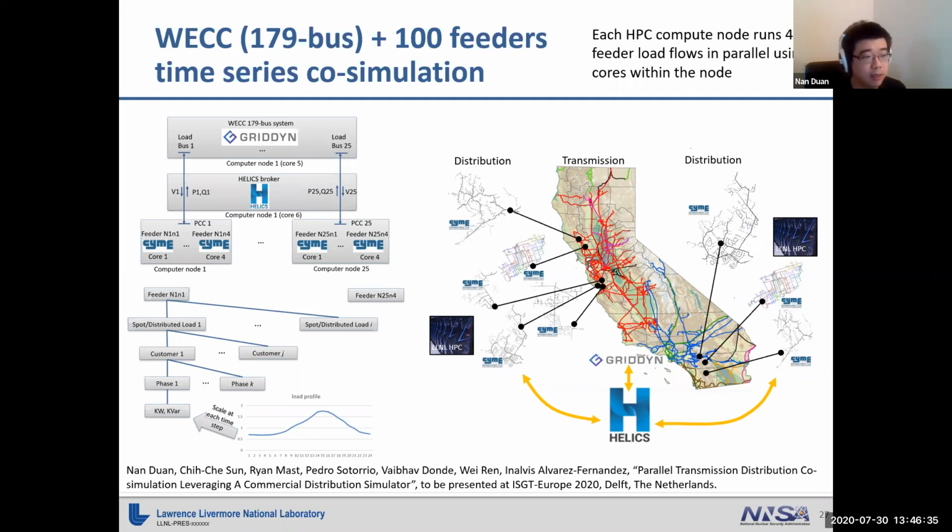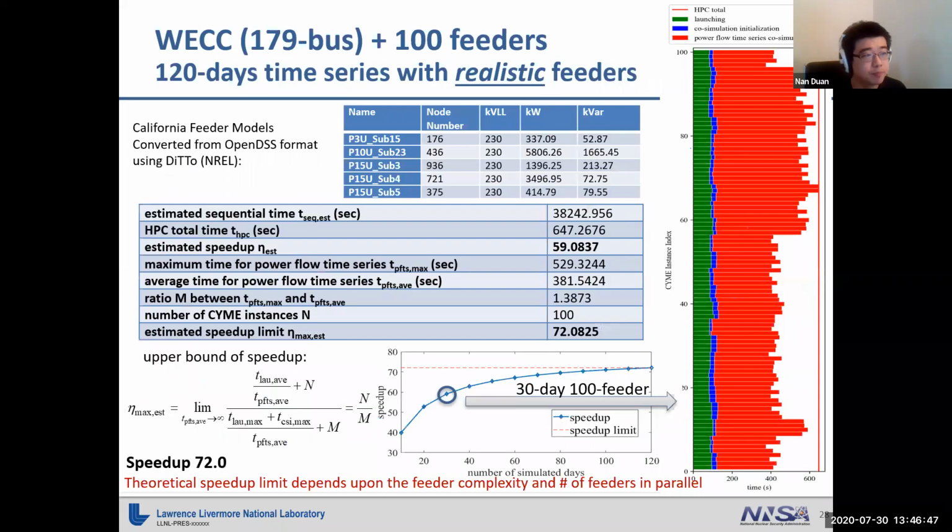Essentially, we do a time series study of a given duration of time, and simulate how much speed up we could achieve by doing this. The results are pretty promising.